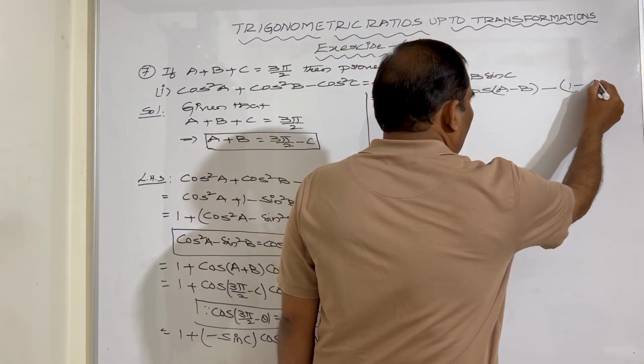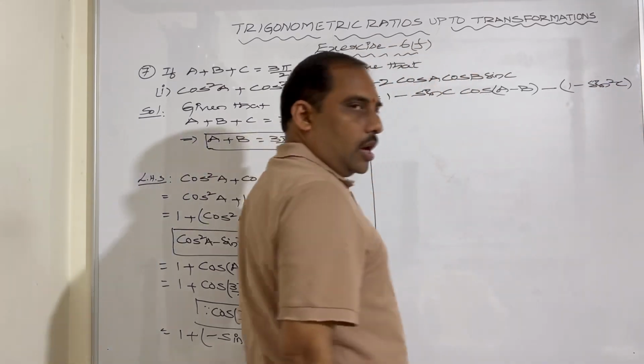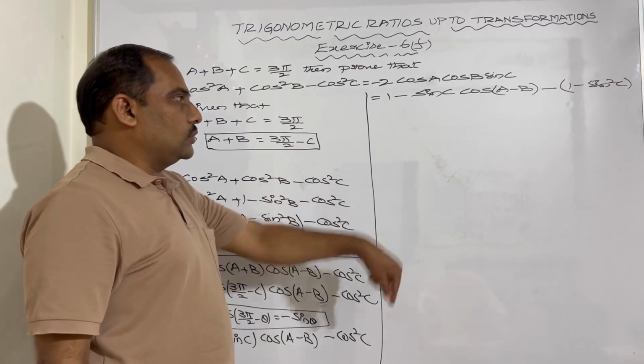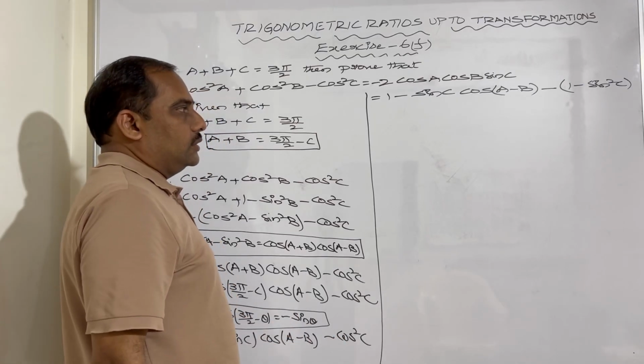Now write this as 1 minus sin square c, because we know that cos square theta is equal to 1 minus sin square theta. So why write cos square c as 1 minus sin square c?